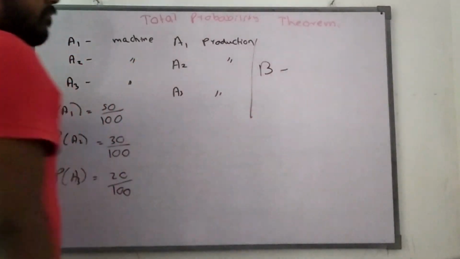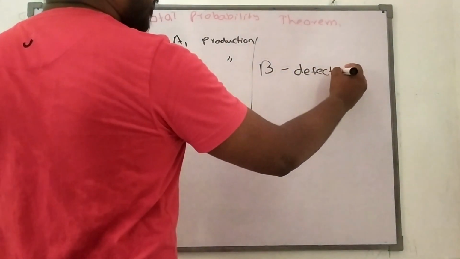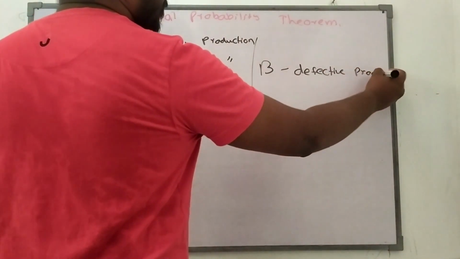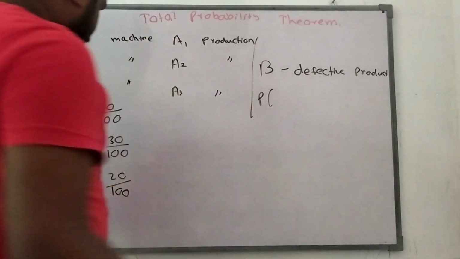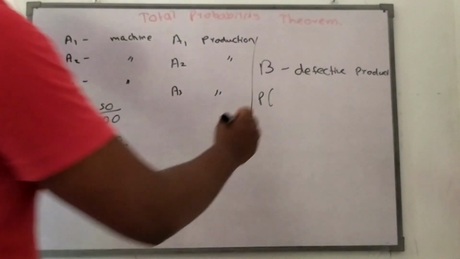Okay, and I'm defining another variable, the defective product. 10% of the goods produced by A1 are defective.